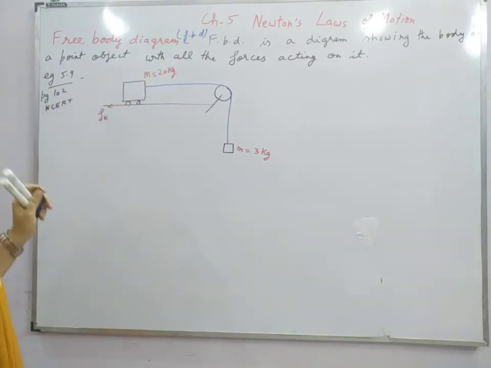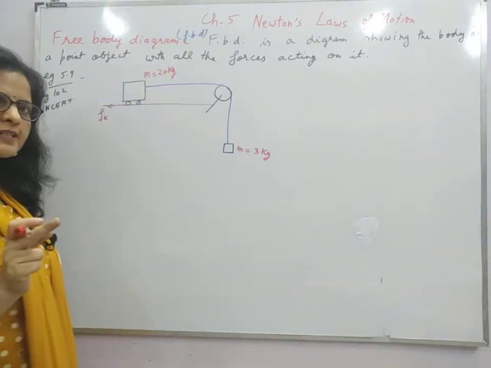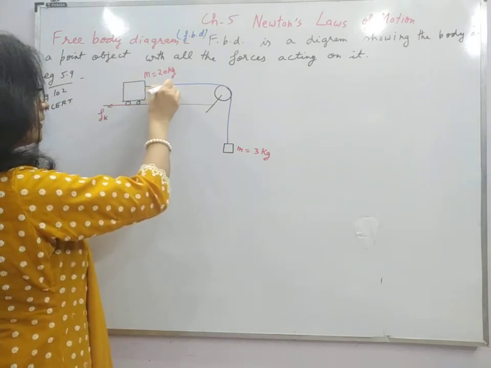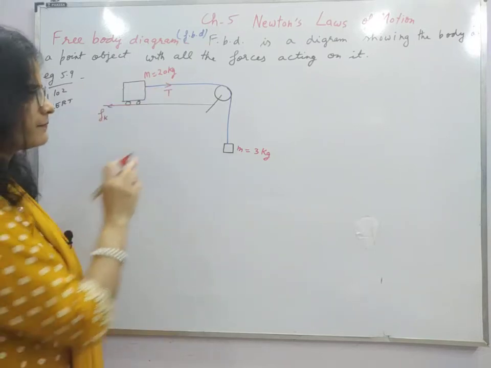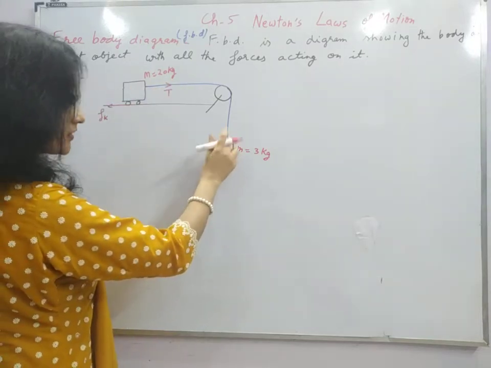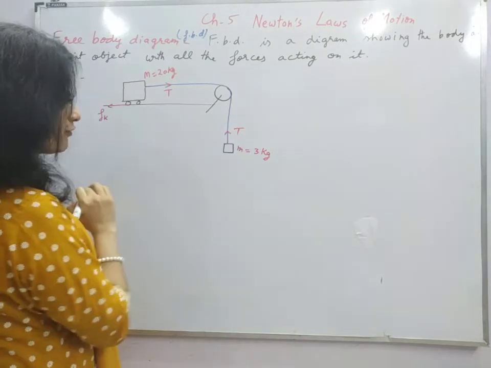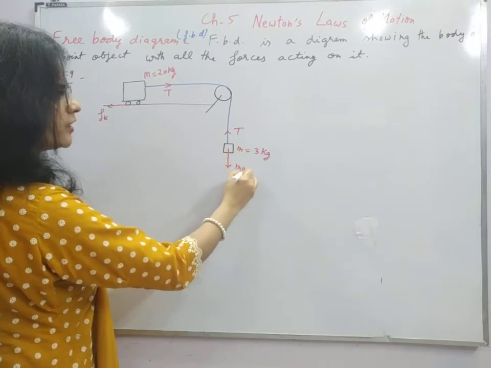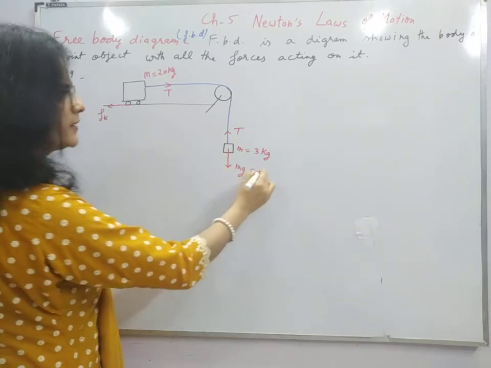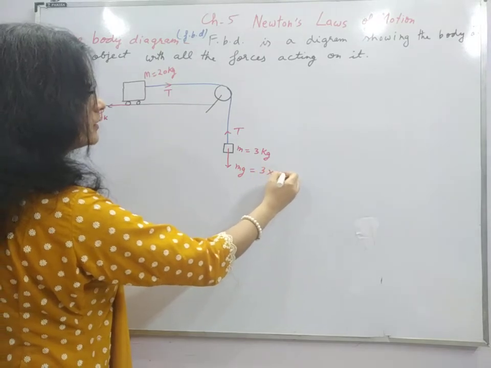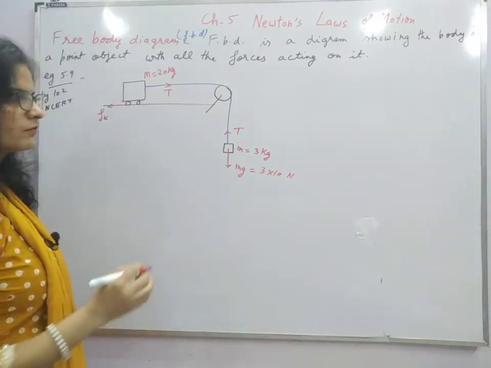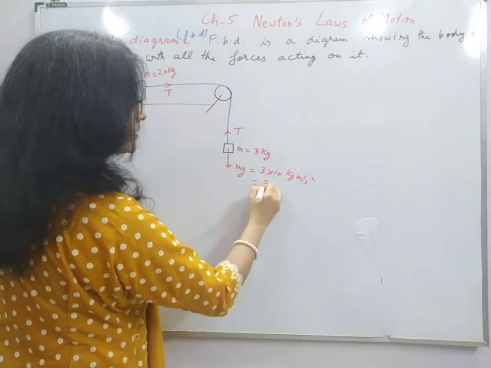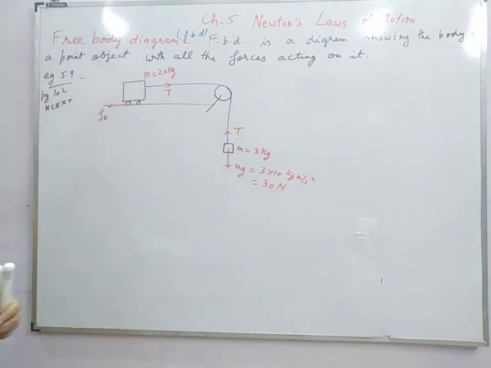Right? I told you that tension is always marked away from the body. So here in this string, the tension is marked away like this. If I am considering this as a point object, this is marked away from this. The weight will be downwards, and if we take g equal to 10, this will be 3 into 10, Newton. Why so? Because kg meter per second square, that means 30 Newton, right?